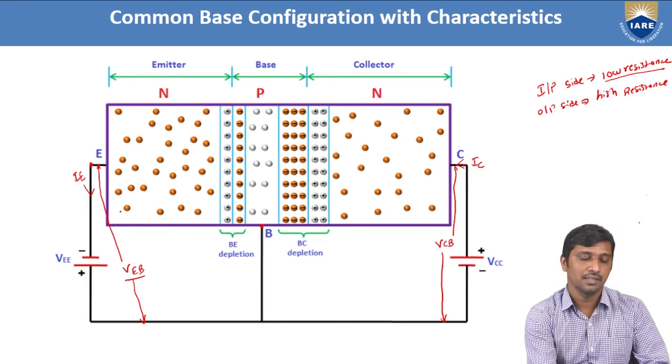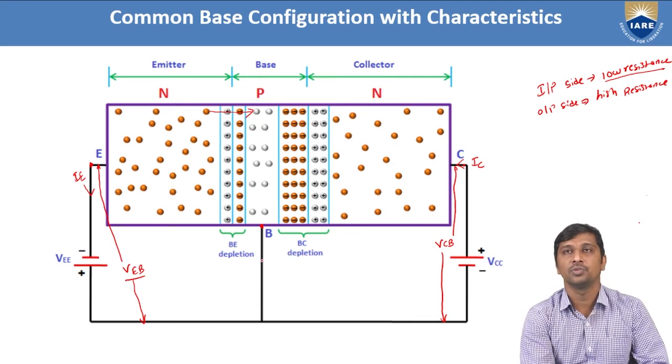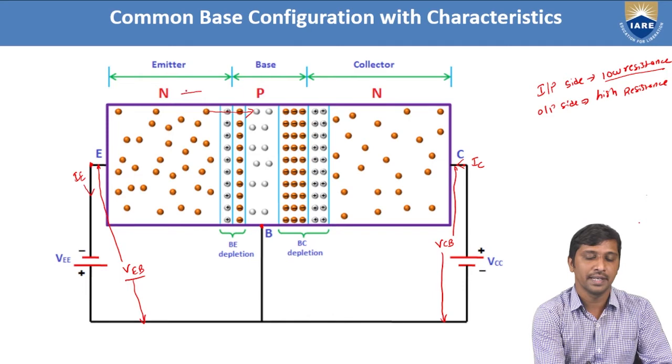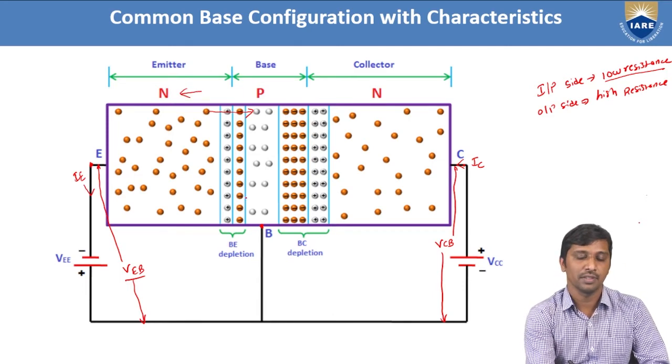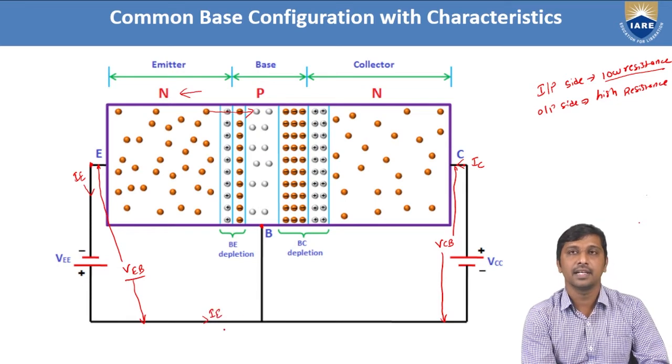And we know that in this NPN transistor, due to this biasing, electrons diffuse from the emitter to the base and then to the collector. That is the reason the current flows in the opposite direction. Here the current flows from anode to cathode. If you consider the PN junction, this is the current flow direction, IA, and this current leaves towards two terminals.